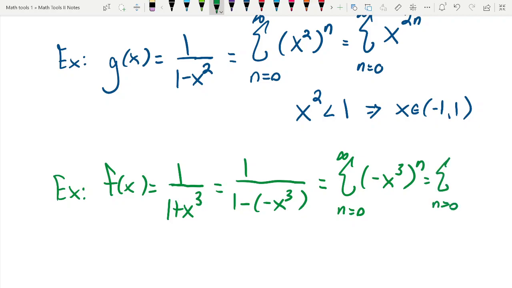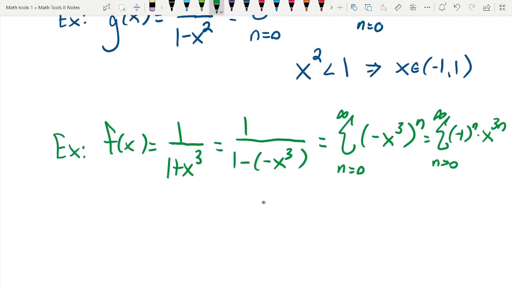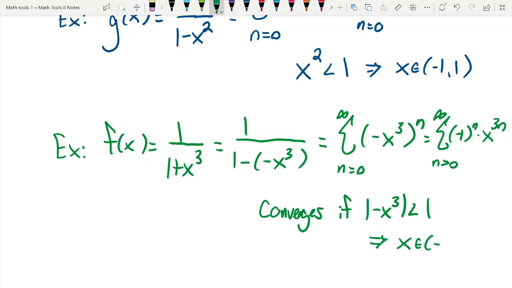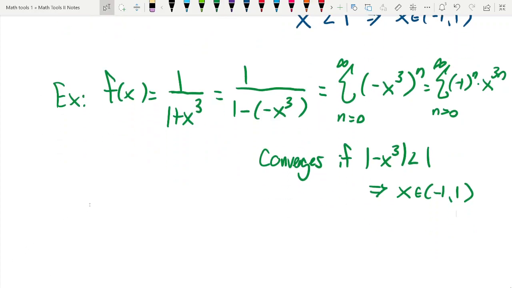So rewriting this a little bit here, we'd have -1 to the n times x to the 3n. So this will converge if the absolute value of negative x cubed is less than 1. We didn't need the absolute value up here because x squared is always positive. But this is also going to imply that x is in -1 to 1. Okay, so no need to do too much there.